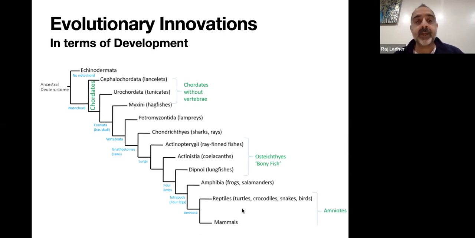And so today what we'll try and compare is the formation of, looking at development in amphibians, in a fish, in a reptile, and then we'll come back to mammals as well.